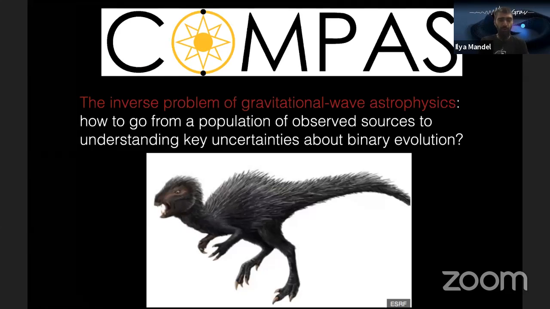In other words, to go from a population of merging black holes, which are stellar remnants, kind of in the same way that fossils are remnants of dinosaurs, in order to understand some of the big key questions that we don't fully understand about stellar and binary evolution, like the physics of the common envelope phase, like the kinds of supernova kicks that black holes get, like the stability of mass transfer and the typical amount of angular momentum lost during non-conservative mass transfer, and so on and so forth.